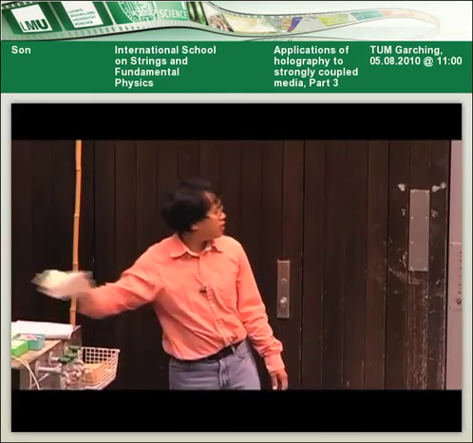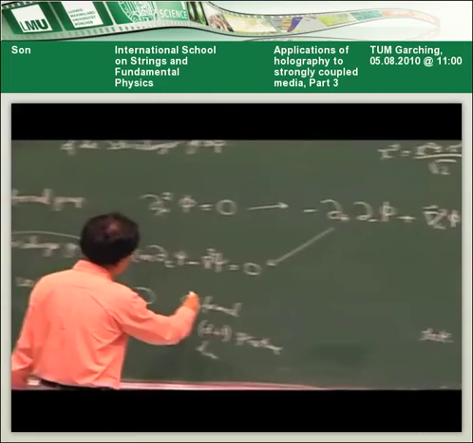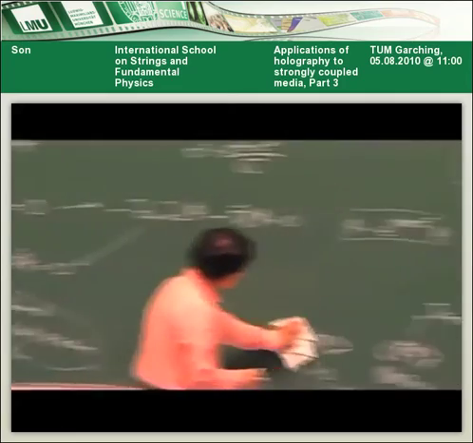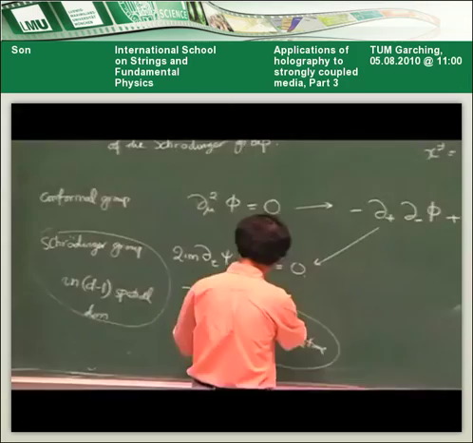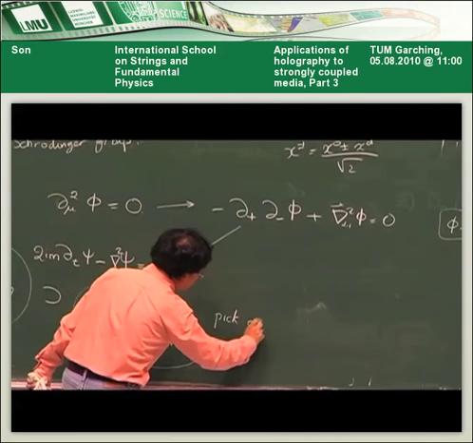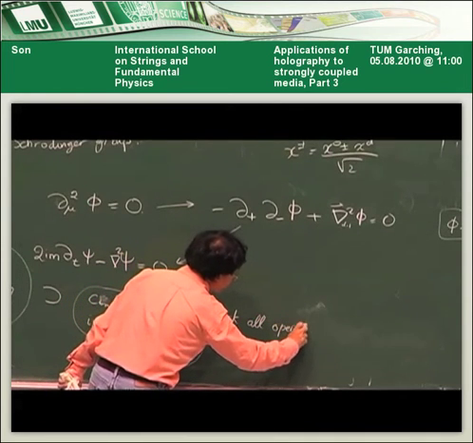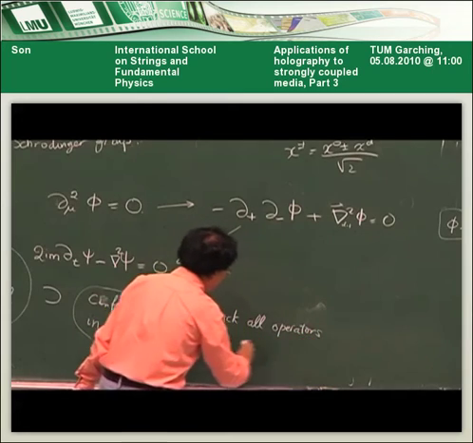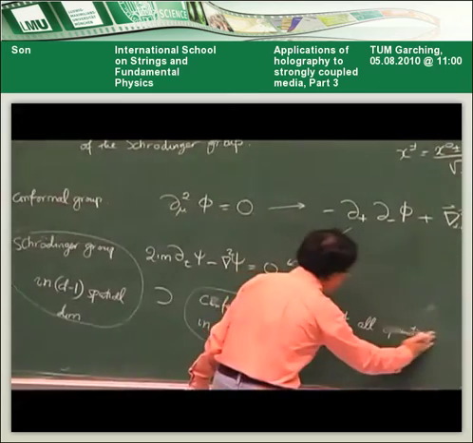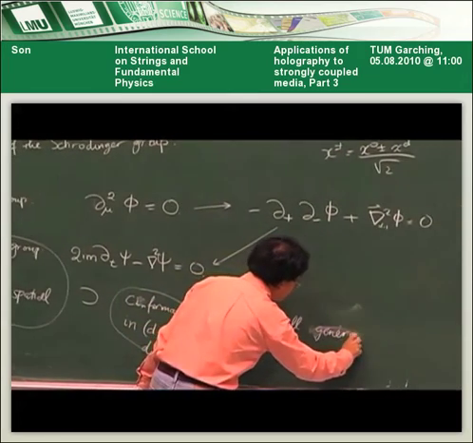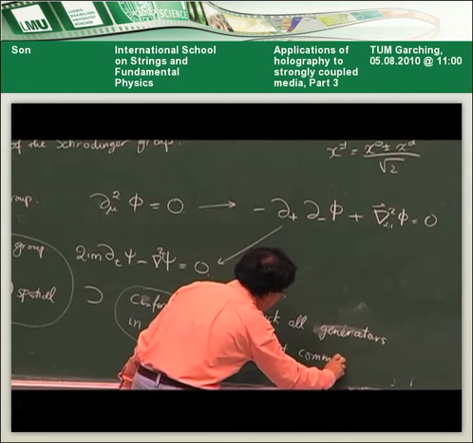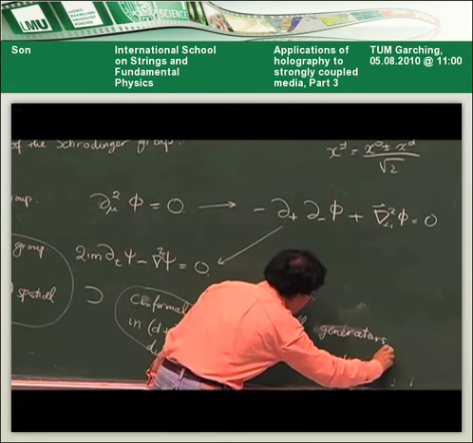At the level of the algebra, we can say the following. If you take this conformal group, in order to get into this subgroup, to go from this algebra to this algebra, we pick all generators of the algebra that commute with one light cone momentum.